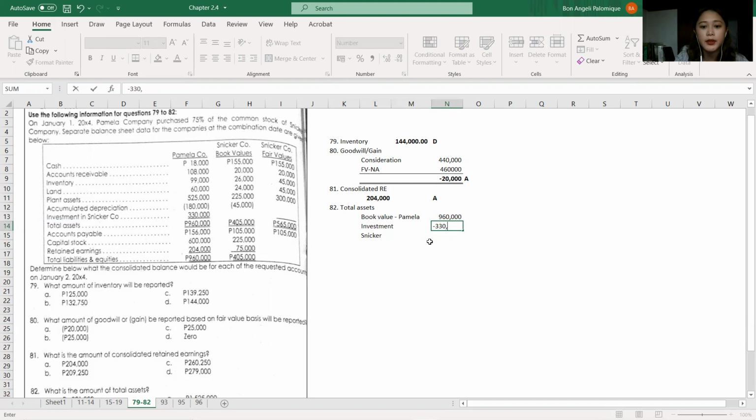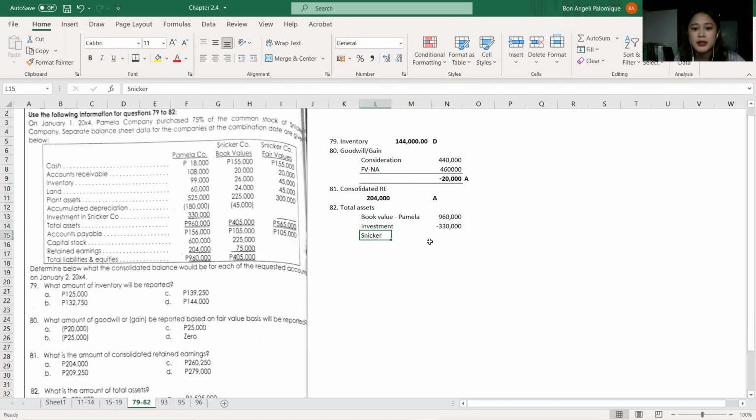So, pwede mo din itong gawin in the long approach, yung buong process. Or pwede rin naman na kung nag-gets mo na agad kung ano yung nagkakaroon ng impact sa ating total asset. So, dapat na-imagine mo na by now yung book value plus book value ni Sneaker plus elim entry. So, part of the elim entries is yung investment account na tatanggalin mo. Tapos, kay Sneaker is from book values, ina-up natin to fair value.